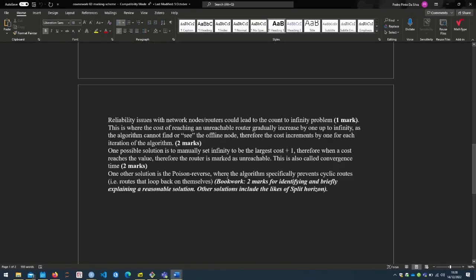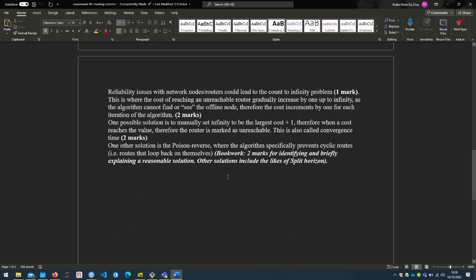This is where the cost of reaching an unreachable router gradually increases by 1 up to infinity, as the node cannot find the offline node. Therefore it increases the cost by increments of 1, and so it can take a long time to figure out that the link of the node has gone offline.